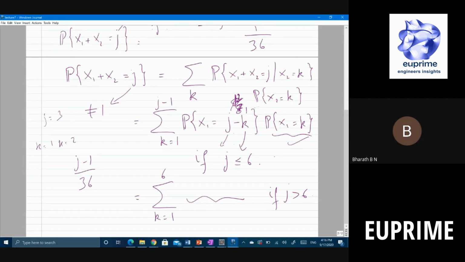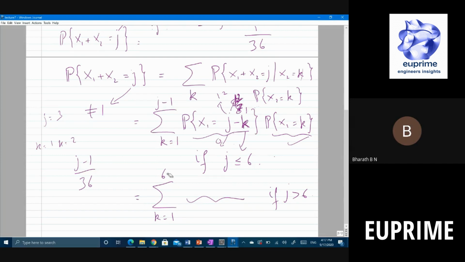For example, if j is 12, what are the possibilities? So this sum is 12 given x2 is equal to k. If k is less than 6, this probability will be 0, right?